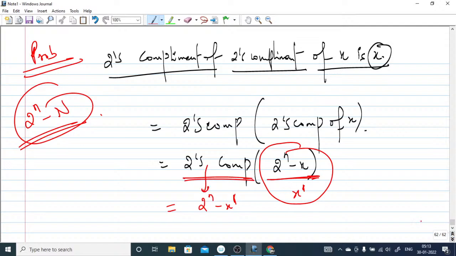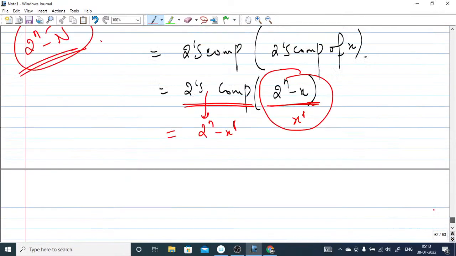Now 2 to the power n minus x dash, where x dash is the entire number we are considering, becomes 2 to the power n minus (2 to the power n minus x). So this and this cancel, and it will be plus x.